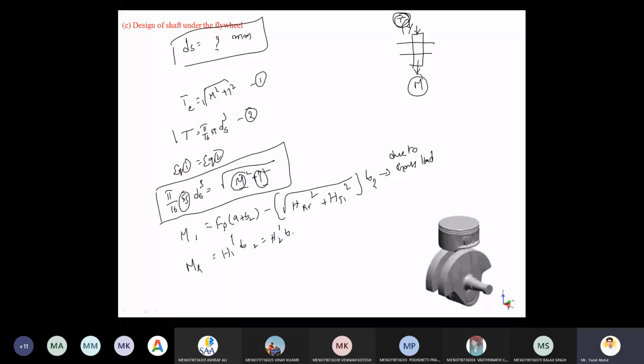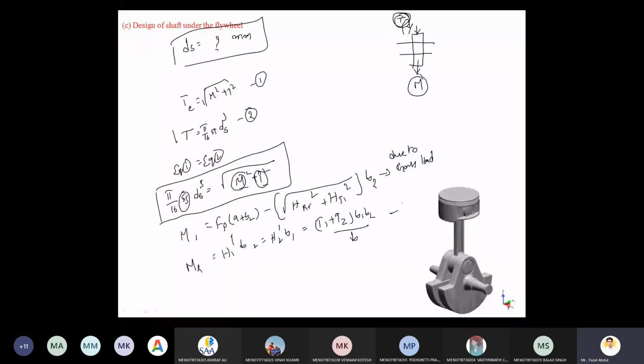We can write it as (T1 plus T2) b1 b2 by b. So this is due to the weight of the flywheel.